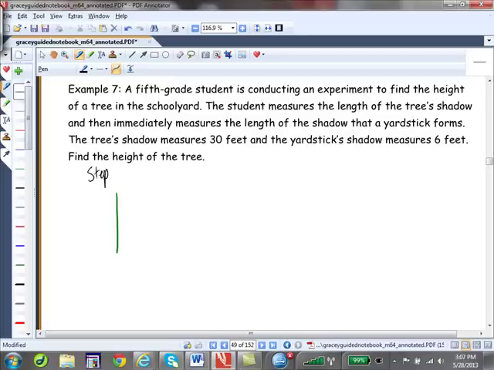So this will be our analysis. And we can let x be the height of the tree. And actually I have room to work here, so I'll make this longer.